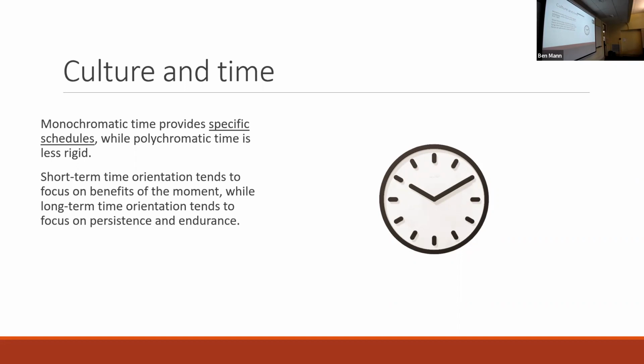So how casual or how rigid a culture might be with its use of time is important. For example, if you travel internationally, you'll notice a lot of differences. Or even if you travel to different towns, the approach to time looks very different. You go somewhere like the UK or New York City, and what happens? Well, you see people who are walking very quickly. You see people who are checking their watches, right?